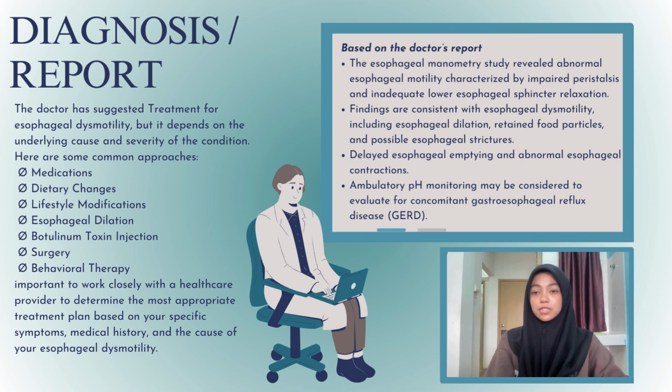So the doctor has suggested some treatments. Here are some common approaches: medication, dietary change, lifestyle modification, esophageal dilatation, botulinum toxin injection, surgery, and behavioral therapy. It's important to work closely with a healthcare provider to determine the most appropriate treatment plan based on your specific symptoms, medical history, and the causes of your esophageal dysmotility.